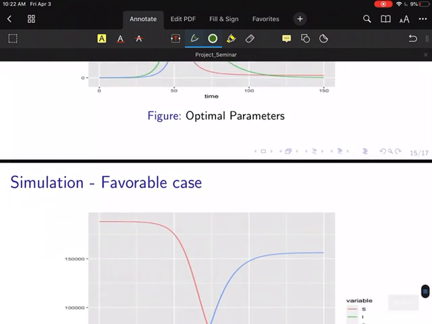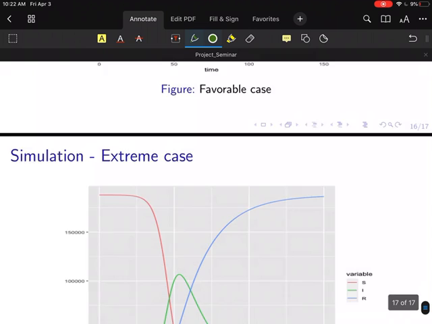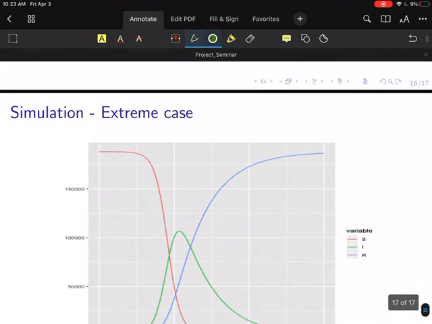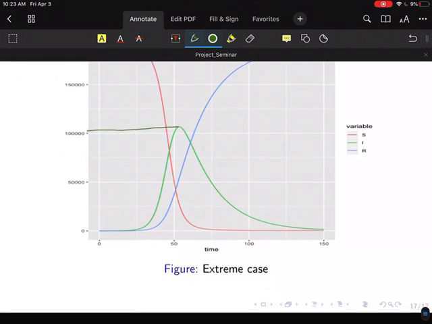And if we take the favorable case, at its peak the number of infections is just a little over 25,000. And if you check the extreme case, that is, if the recovery rate is very low, we realize that at its peak the number of infections is roughly over 100,000 cases. That is the end of my analysis.